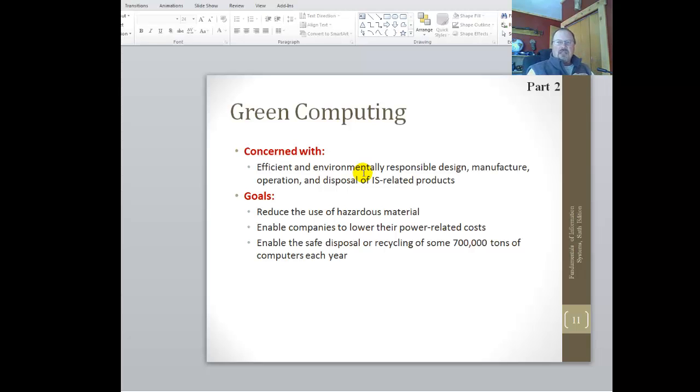So at a point in time, not so many years ago, it was actually really beneficial for companies to go green in that they were putting in LCD screens in place of these CRT screens. And they would save perhaps 75–80% on power costs alone. So that was considered green computing, and certainly an acceptable way of upgrading your system so it will become more efficient and green. And that enabled companies to lower their power-related costs.